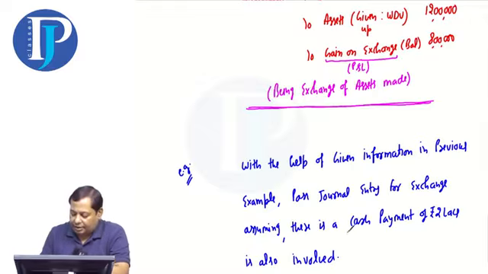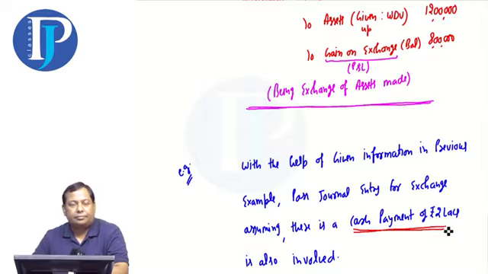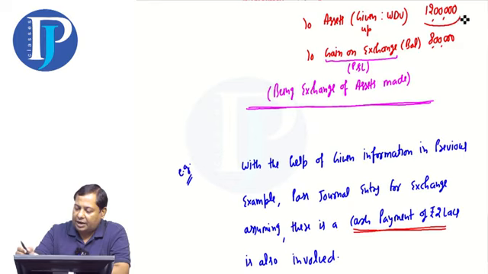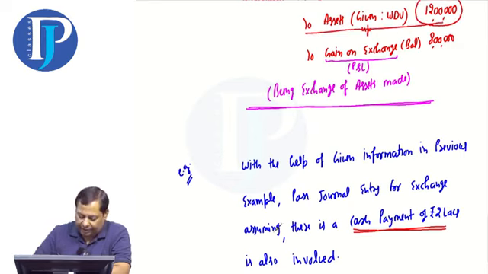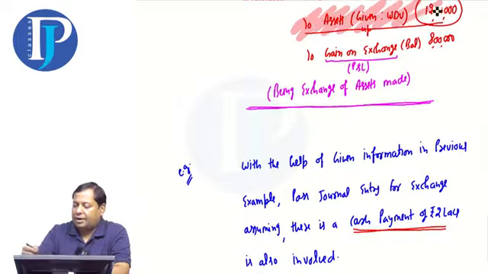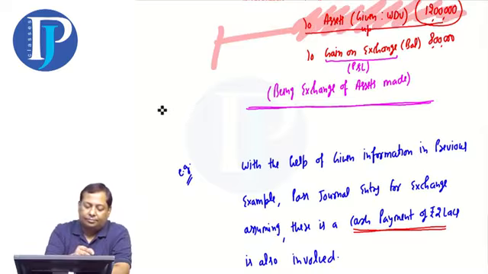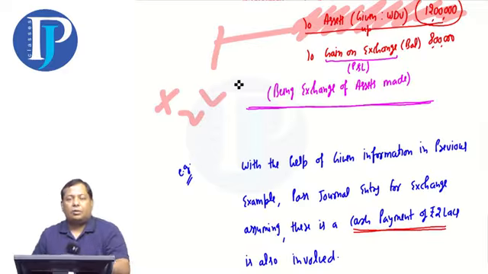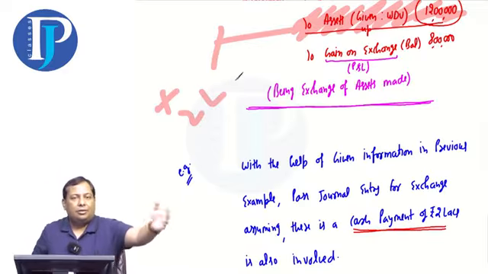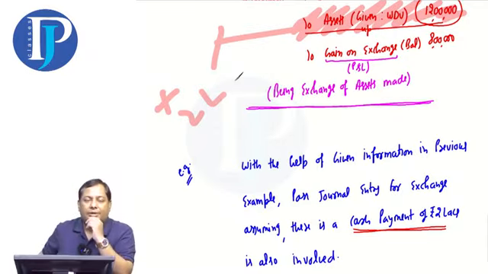The example is the same, and with that we also made a cash payment of 2 lakhs. This means that you did not give only 12 lakh rupees in WDV. You gave 12 lakhs of WDV along with 2 lakhs of cash. So we gave an asset worth 12 lakhs and gave 2 lakhs in cash. So 14 lakh rupees are gone.